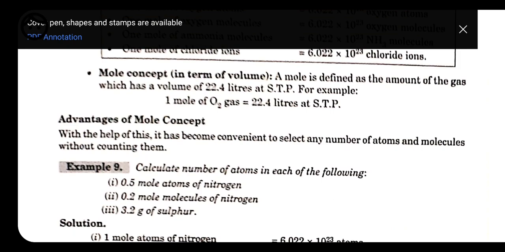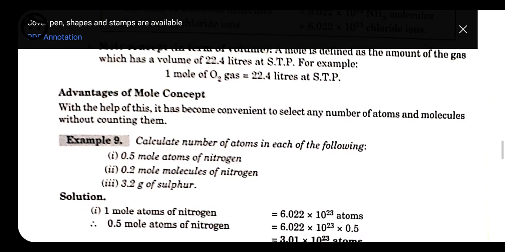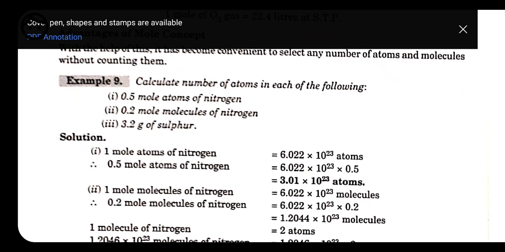Okay, students, here we have one formula. On the basis of this formula, if we need to calculate how many atoms are present in these molecules or atoms or elements, we proceed like this. It is given that we have 0.5 mole atom of nitrogen, and one mole of nitrogen atoms contains 6.022 into 10 to the power 23 atoms, which we have already discussed.